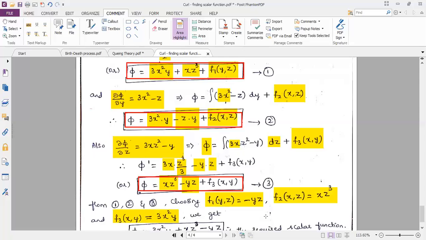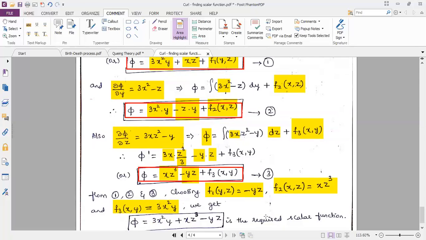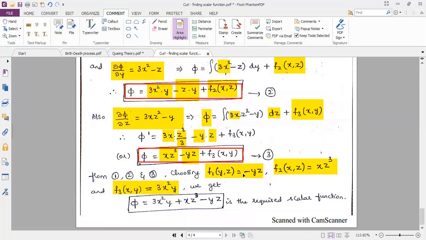So choosing f1, f2, f3 relevantly, we have obtained a unique expression for phi as 3x²y − yz + xz³, which is the required scalar function.